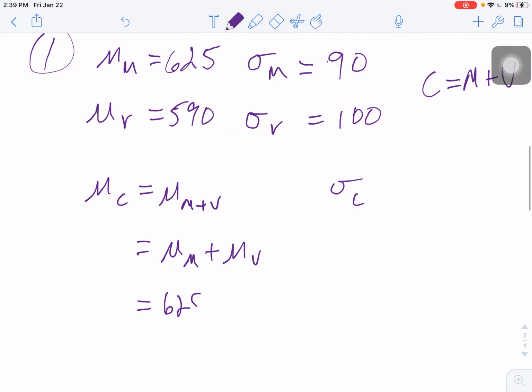That is 625 plus 590, which ends up being 1315. So that's going to be your average composite SAT score. And again, that's pretty simple. We just add the two means together.